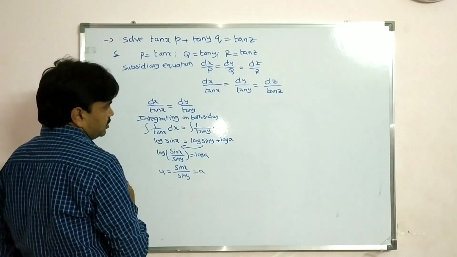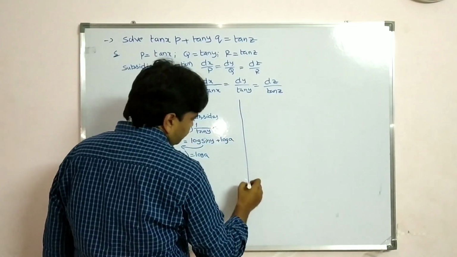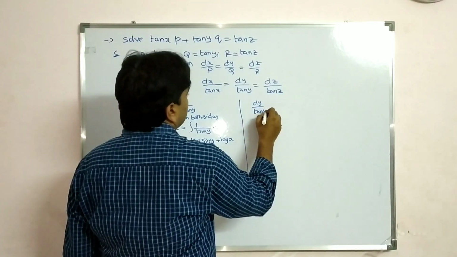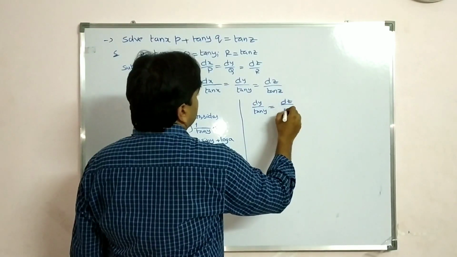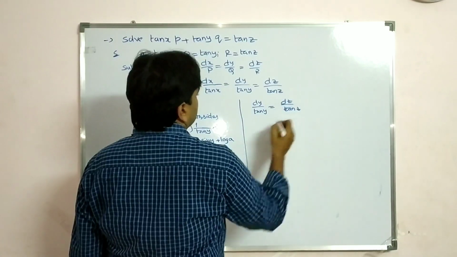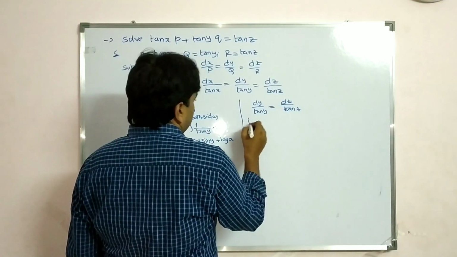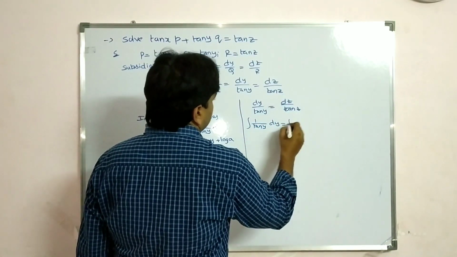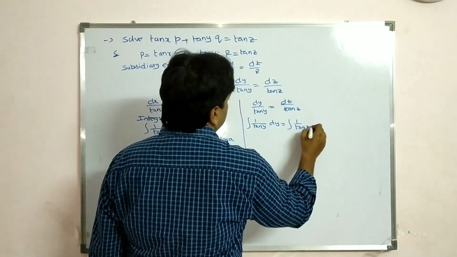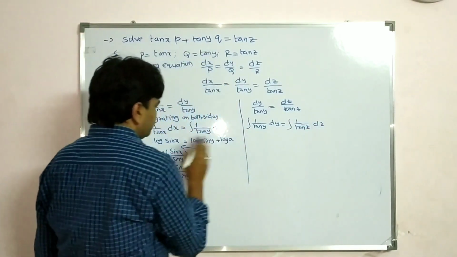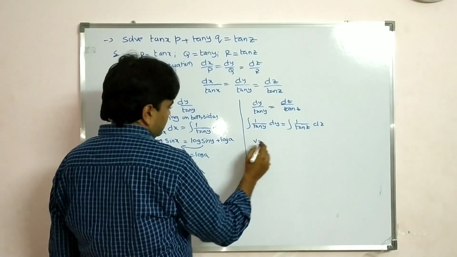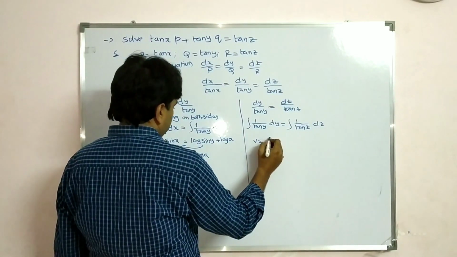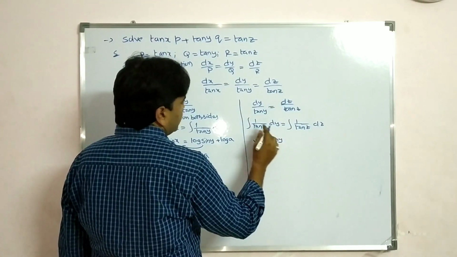So this is u, students. In the same way, take dy by tan y is equal to dz by tan z. Integrating, the integral of 1 by tan y dy is equal to the integral of 1 by tan z dz. These are the same, so we can directly write v is equal to sin y by sin z, because we have tan y here.